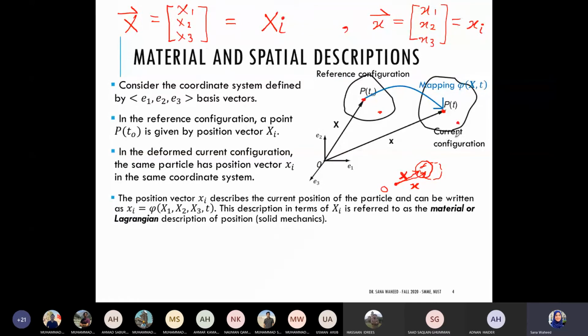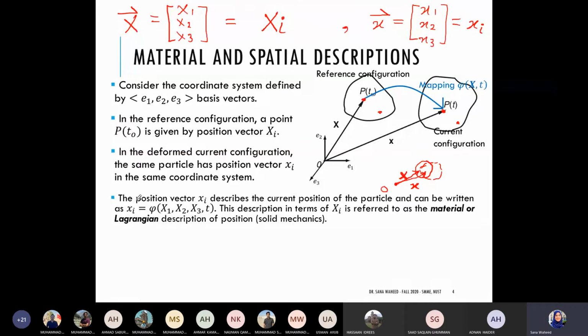If I wanted to find out what the new position of a particle should be, then I could represent my small x as a function of its original position, that is its x1 x2 x3, what were its initial coordinates, and what the time is now, such that this mapping will give me its new position.